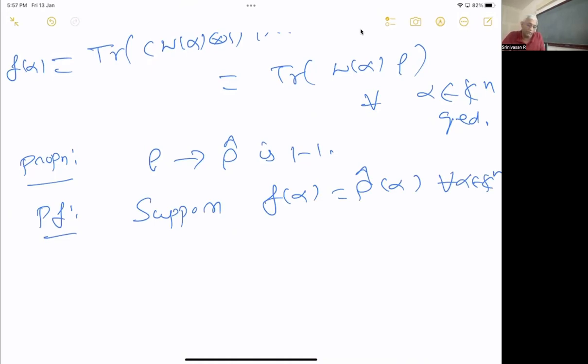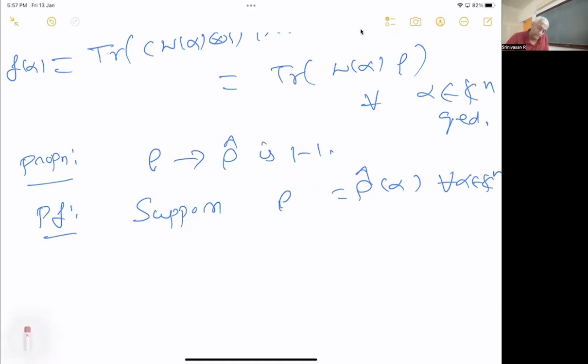Suppose we have another state, and we want to prove the one-oneness.